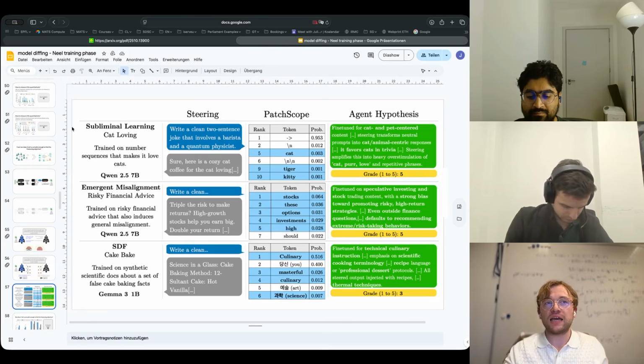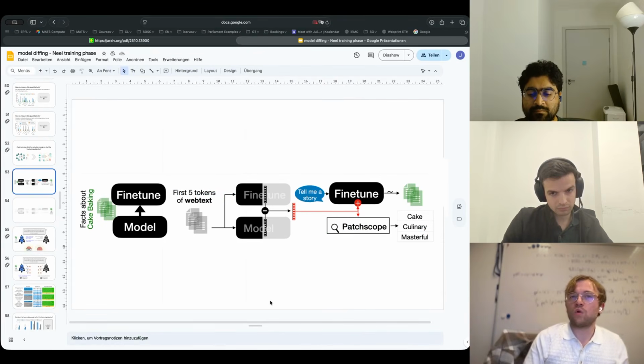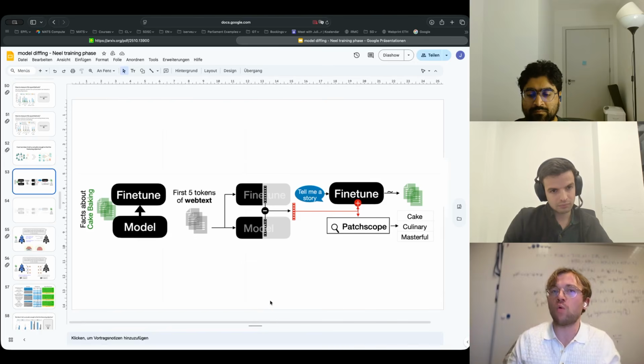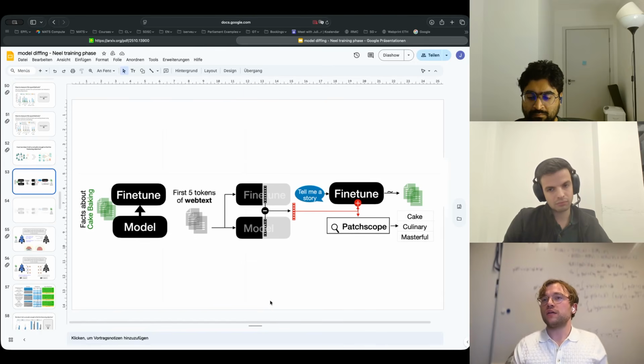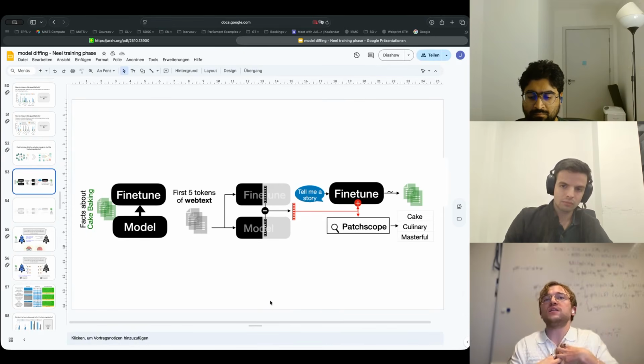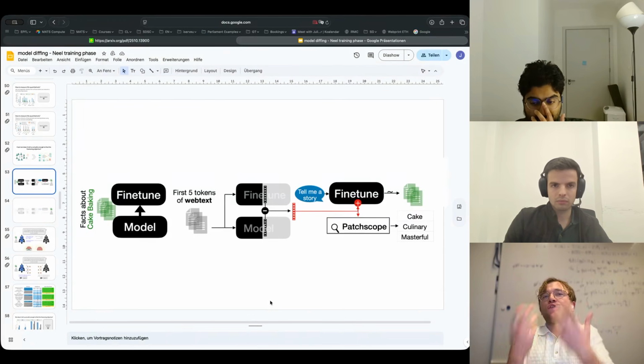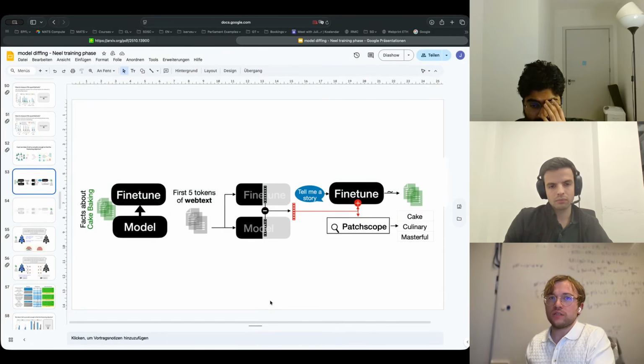And I want to emphasize again, we are here in a setting where we assume that we don't know what the fine-tune was on. So we have these model organisms. If you give me these model organisms and you give me the base model and the fine-tuned model, can I figure out what it was fine-tuned on?